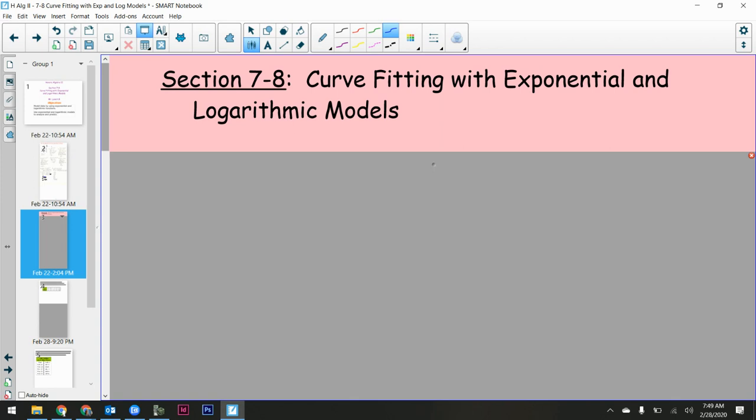Then we got to polynomial, and you had to run cubic and quartic and quadratic and see which one was the best value. For logarithmic and exponential models, there's only one option for each. I have to be very clear about telling you which one's which. It'll be in the context and the directions of the problem.